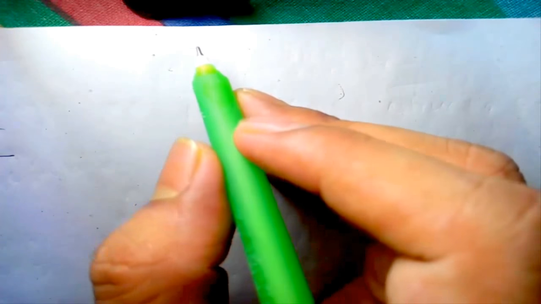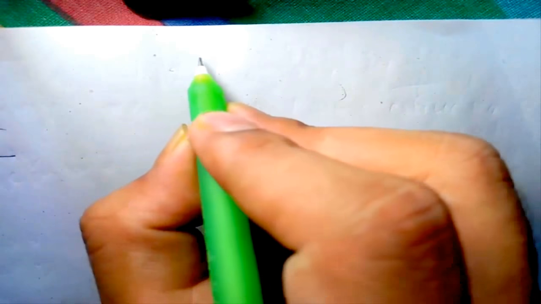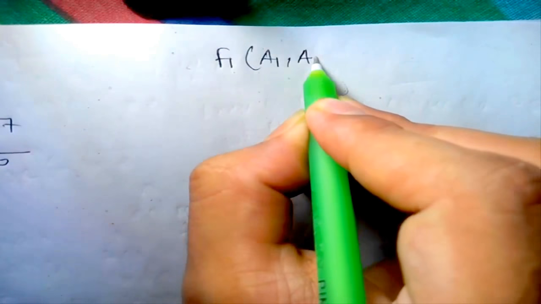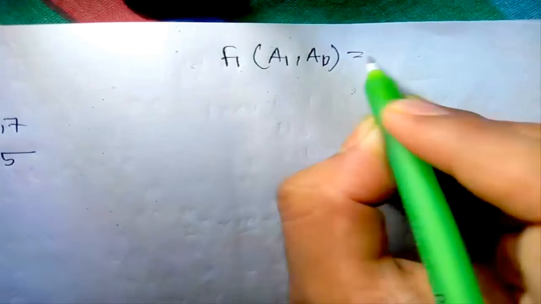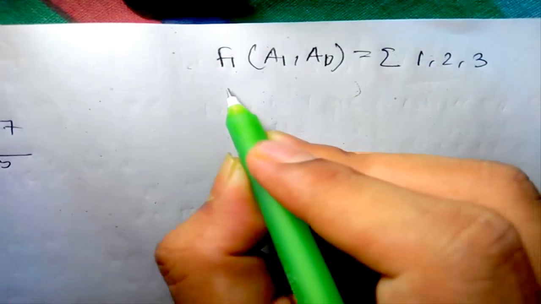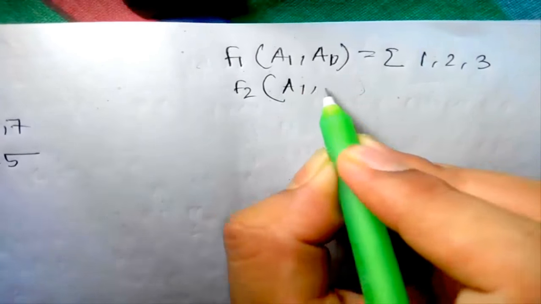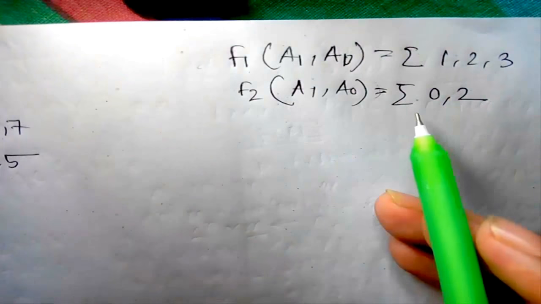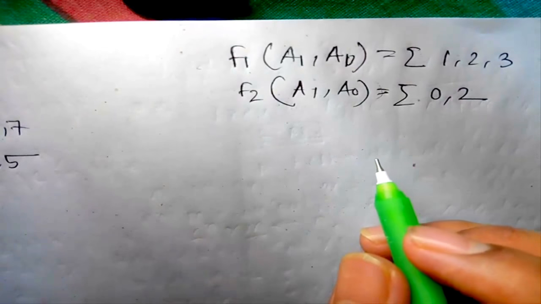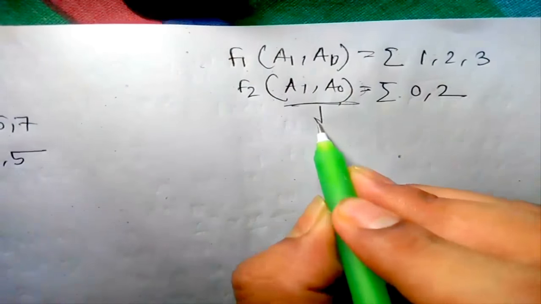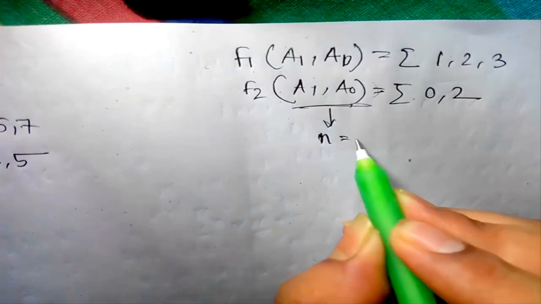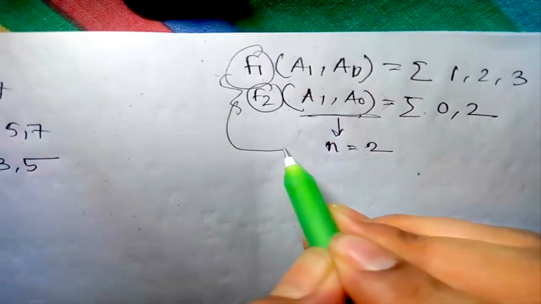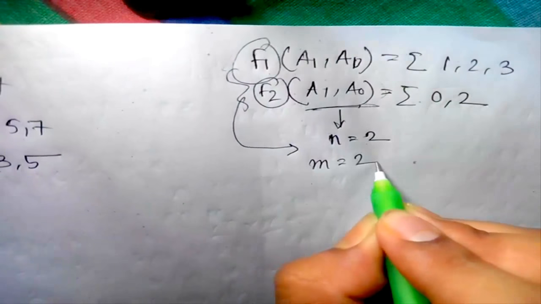Now I want to show you another example, that is F1 is a summation of 1, 2, 3, and F2 is a summation of 0, 2, with inputs A1 and A0. From this question we will see that the input is 2, so n is 2, and the outputs F1 and F2, so m is equal to 2.